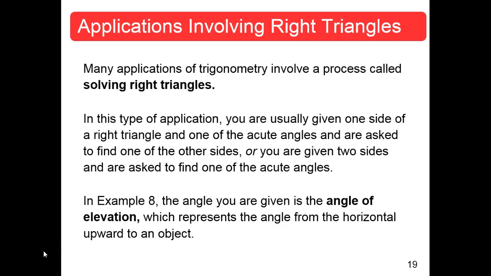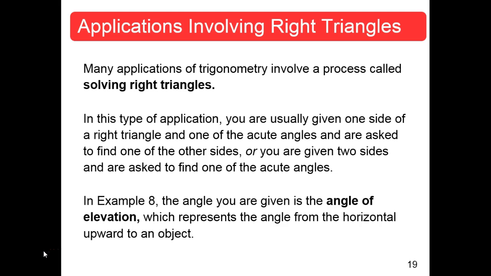And what kind of special acute angles? If they add to 90 or pi over 2, they're complementary angles of each other. So you know a lot of things about a right triangle. You know one of the angles is 90. The other two are acute angles that are complementary to each other. And you know the lengths obey the Pythagorean theorem.